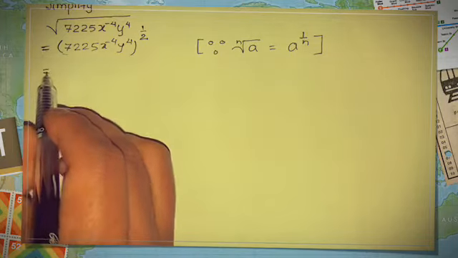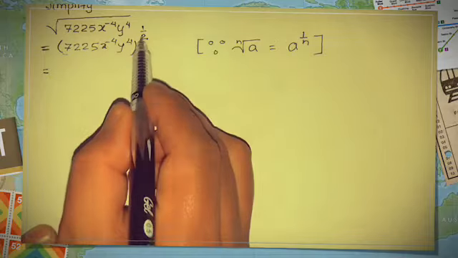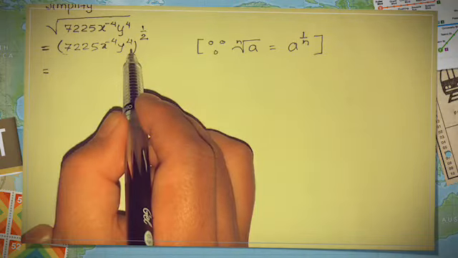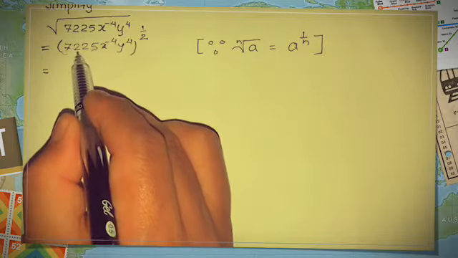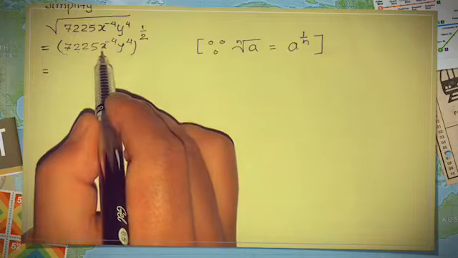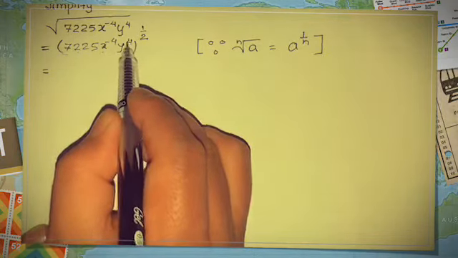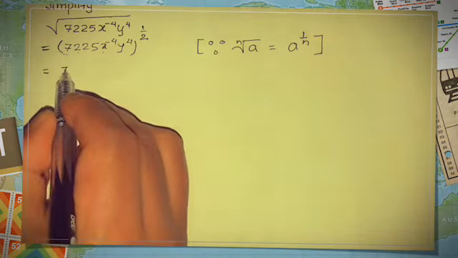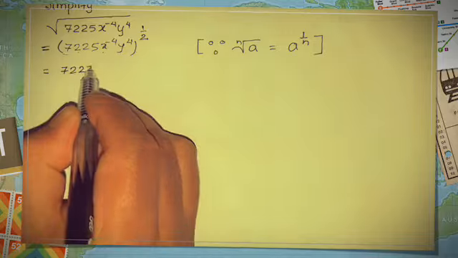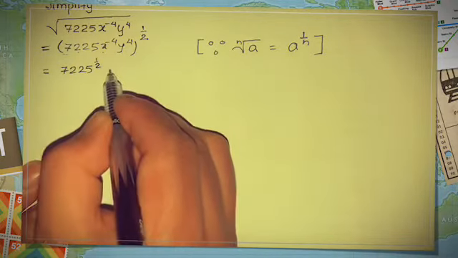And we know this 1 by 2 is the power of this whole term. So 1 by 2 is the power of this 7225, also of x to the power minus 4, and also of y to the power 4. Okay, so we give the power to each term inside, each number inside.